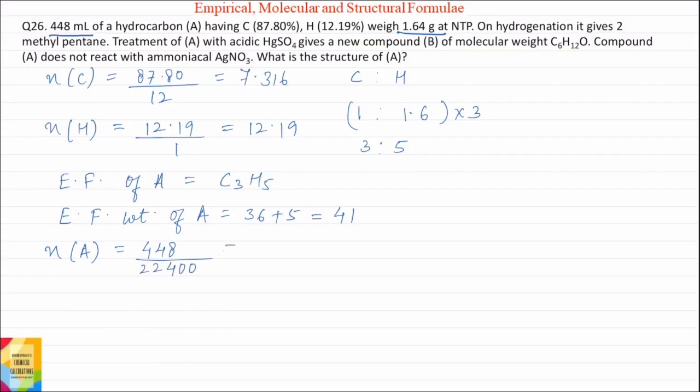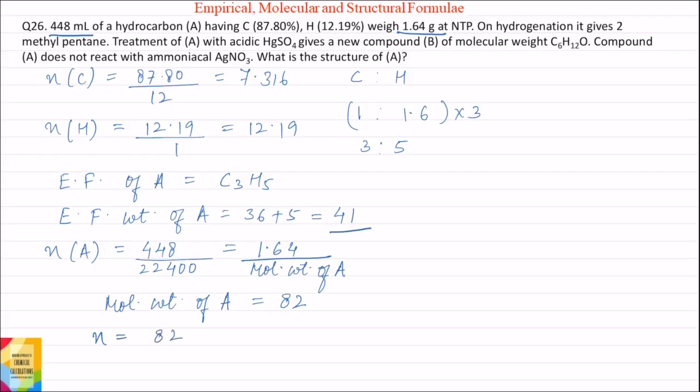Moles of A is also equal to weight of A, that is 1.64 gram, divided by molecular weight of A. Solving this equation, the molecular weight of A will be equal to 82. Now dividing the molecular weight by the empirical formula weight, the value of n is 82 divided by 41, which is equal to 2.